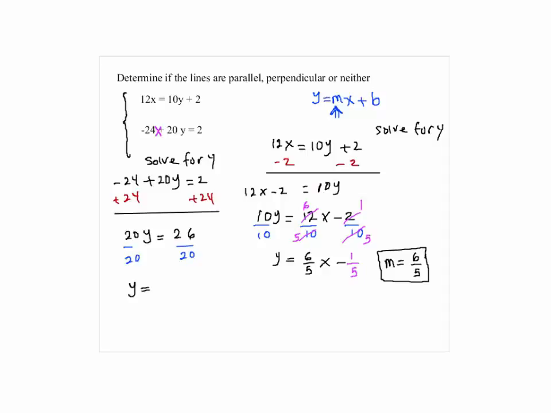So let's correct all these. Alright. To solve for y, there's an x here that's missing. So here we have to add 24x to both sides of the equation.